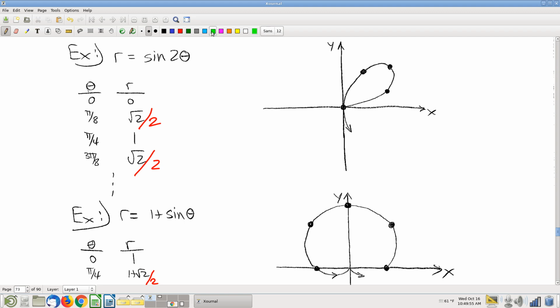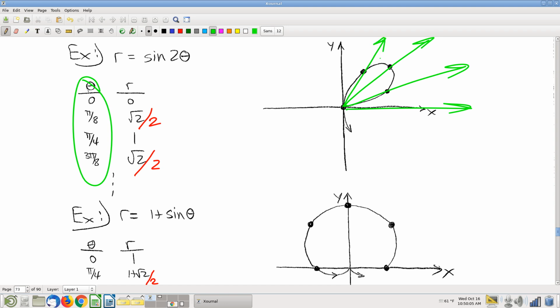This is just plain old plotting in polar coordinates. Start looking at different angles. For each angle that you look at, figure out the corresponding value of r and go that corresponding distance in those directions that you've decided on, and you plot points and you can almost trace through and see what your curve looks like.